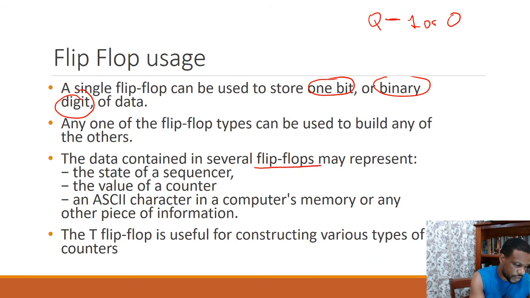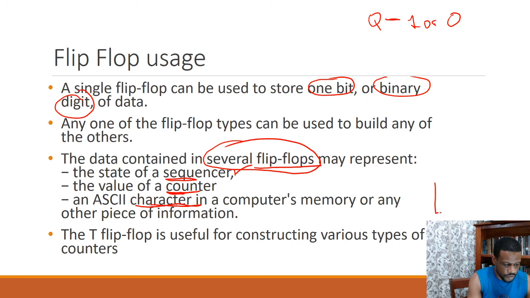Data contained in flip-flops could represent the state of a sequencer. Remember, a sequencer is like number counting, the value of a counter, which is adding the counter, or a character in the computer's memory, or a piece of information. So several flip-flops, when you put them together, could keep numbers for you.